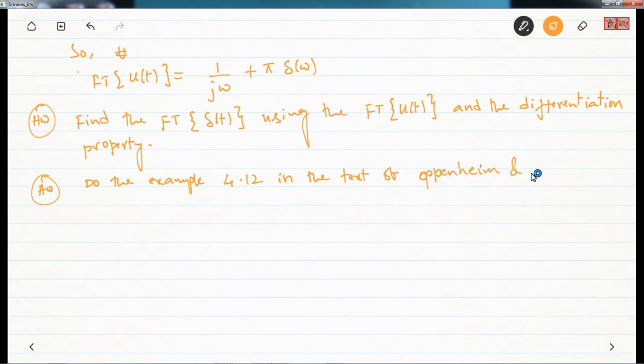Open it and we'll see. This is a simple but interesting example. There you are asked to find the Fourier transform of this signal. So this is -1, this +1, and this 1 and this -1. So this is x of t.